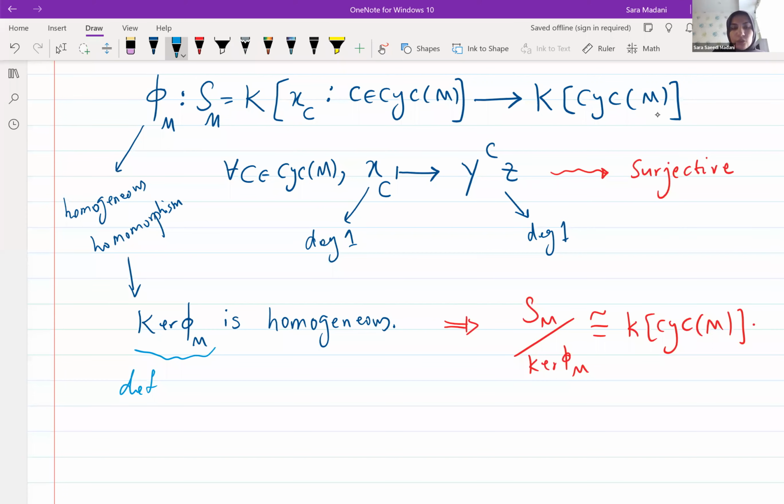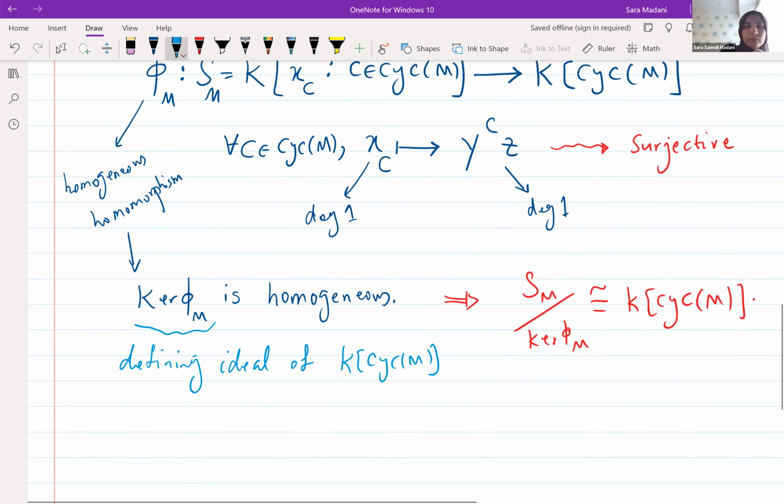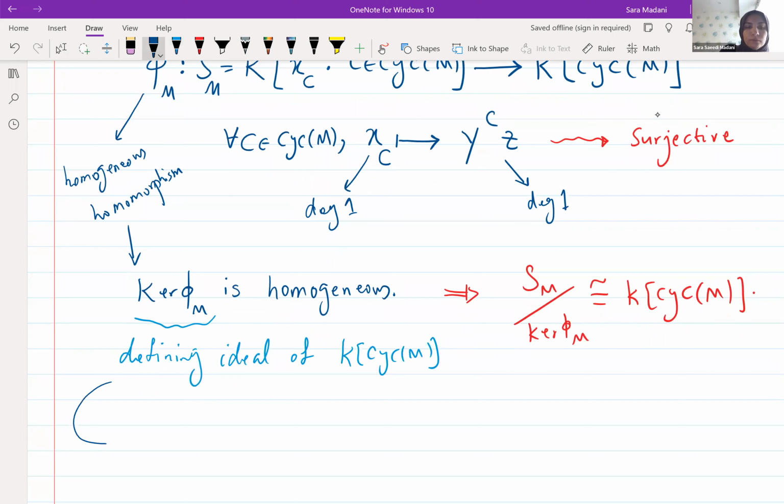Since this is a toric algebra, we need a defining ideal of K[psi_M], and we call it the cycle ideal of matroid M.